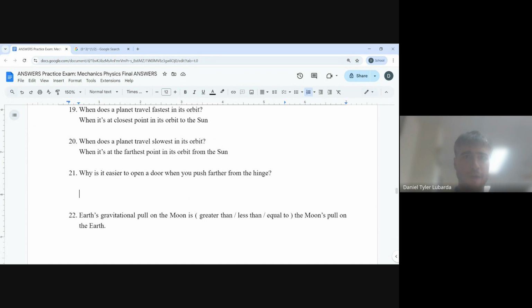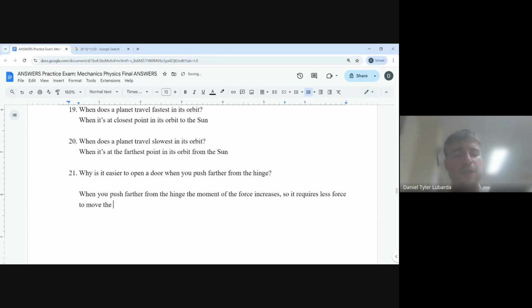But when you're pushing farther from the hinge, you're pushing farther from the pivot point, and you're going to have a greater moment. So when you push farther from the hinge, the moment of the force increases, so it requires less force to move the door.